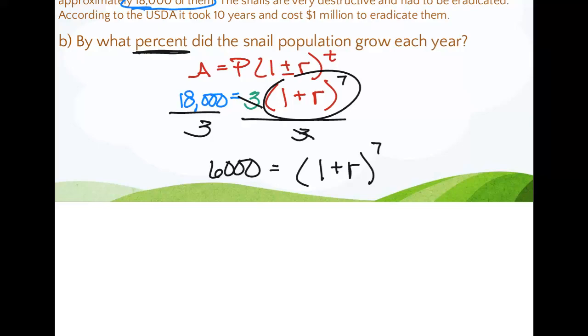It's not 1 R, it's 1 plus R. You can't simplify that. We don't know what R is. Yeah, but there's a much easier way to do that.